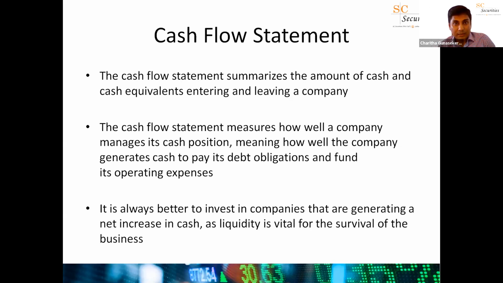The moment a company runs out of cash to settle its liabilities, that company will be in trouble, right? You say that the company needs liquidity. Liquidity is the ability to settle your obligations, your payments in the short, medium and long term, right?